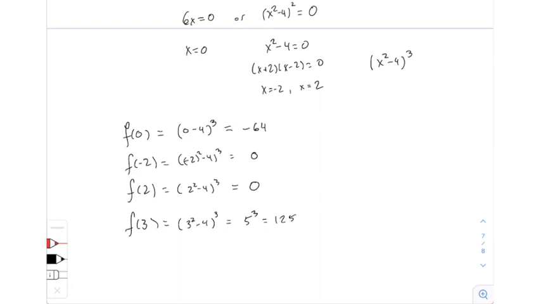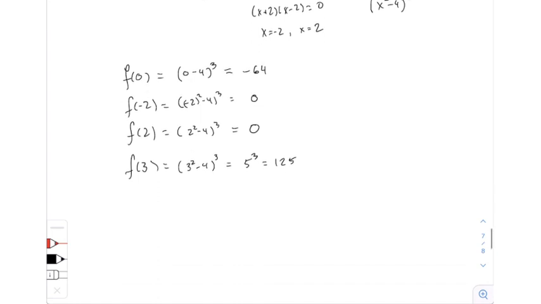Hope that's what you got. And so the minimum and the maximum are those two, the negative 64 and the 125. So I'll say the absolute minimum is f of 0, which is minus 64, and the absolute maximum is f of 3, which is 125. There you go.